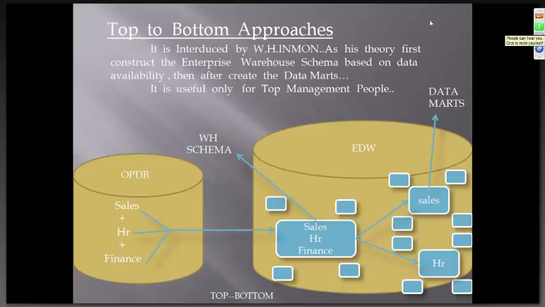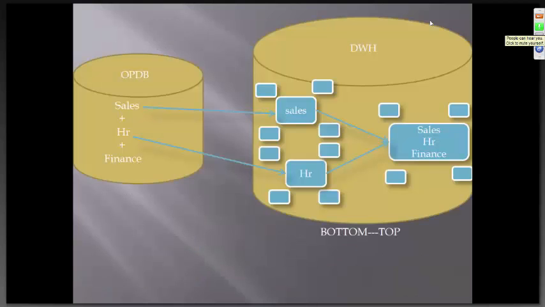Top level management means the CEOs and directors of the company, who can analyze the entire organization. For these people, we maintain the top to bottom approach, where we directly store the data in the complete data warehouse schema. But in the bottom to top approach, first we create the data marts, and then finally we integrate them into the data warehouse schema.